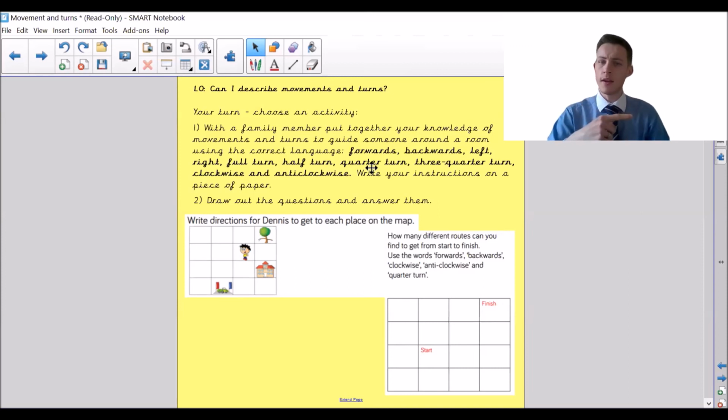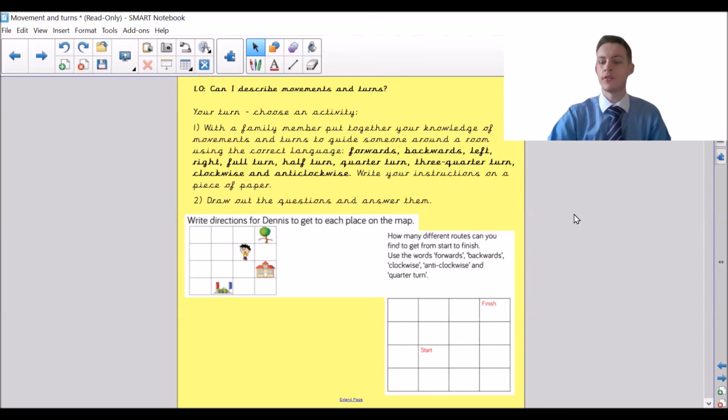Now remember, our key vocabulary is forwards, backwards, left, right, full turn, half turn, quarter turn, 3/4 turn, and then our directions of clockwise and anti-clockwise. You need to write your instructions down on a piece of paper and then read them out to your family member and see whether you've made the correct instructions to get them around a room.